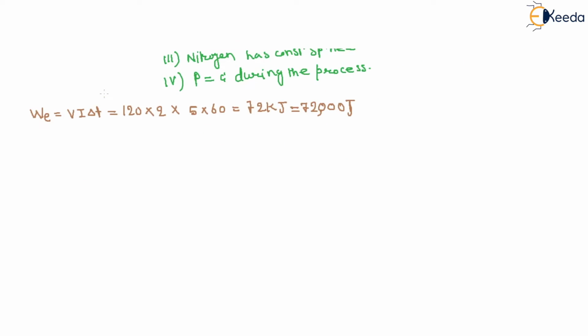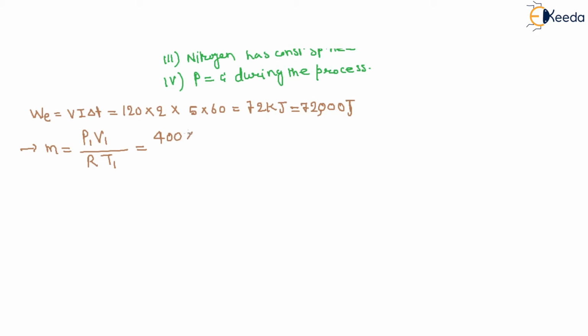First of all, find the mass of the system for the process. We know P1, V1, the initial condition, R, and T1. What is P1? 400.